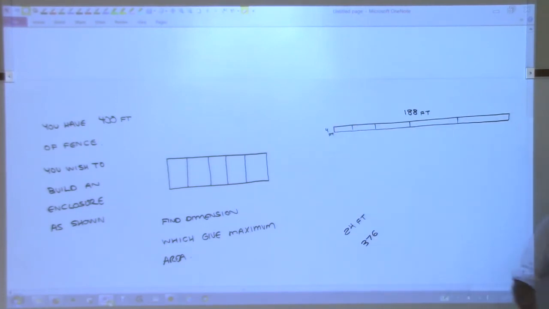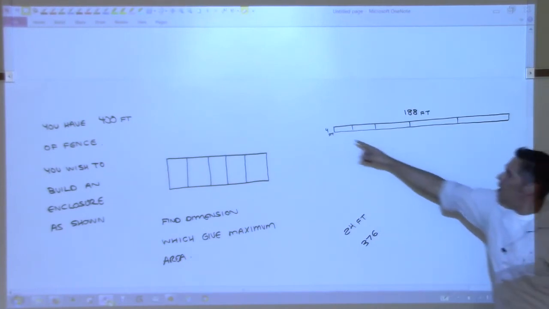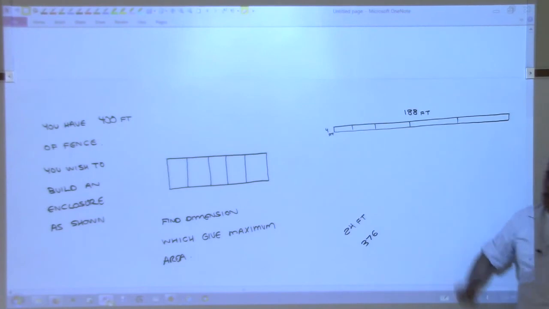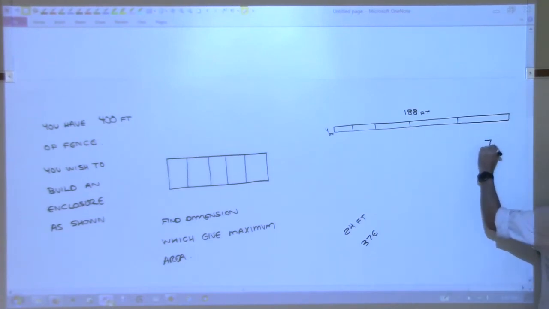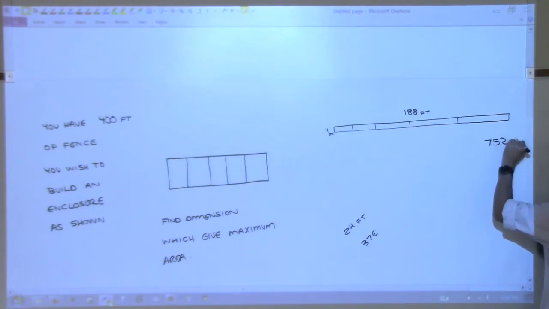That uses all 400 feet of fence. What's the area of this total enclosure? Multiply 4 times 188, and what would you get? 752 square feet, okay?